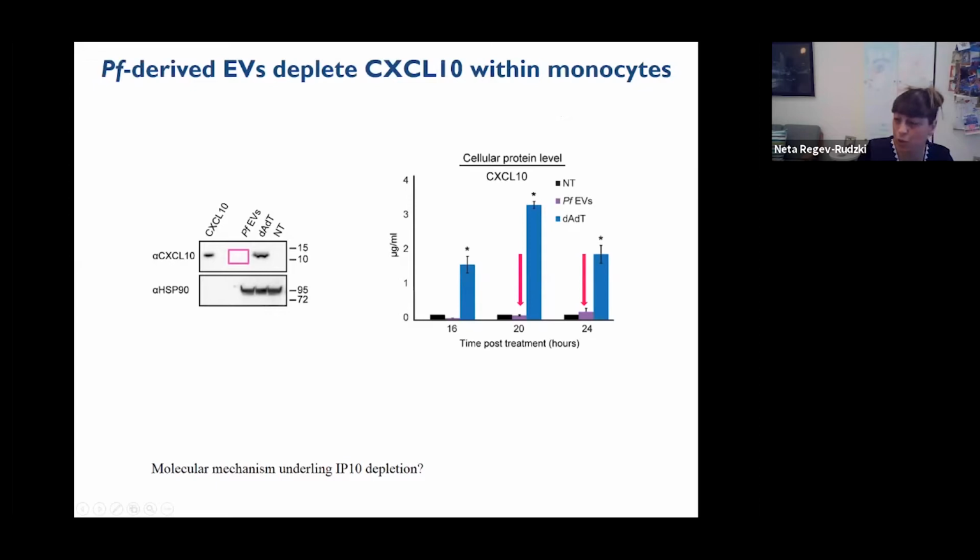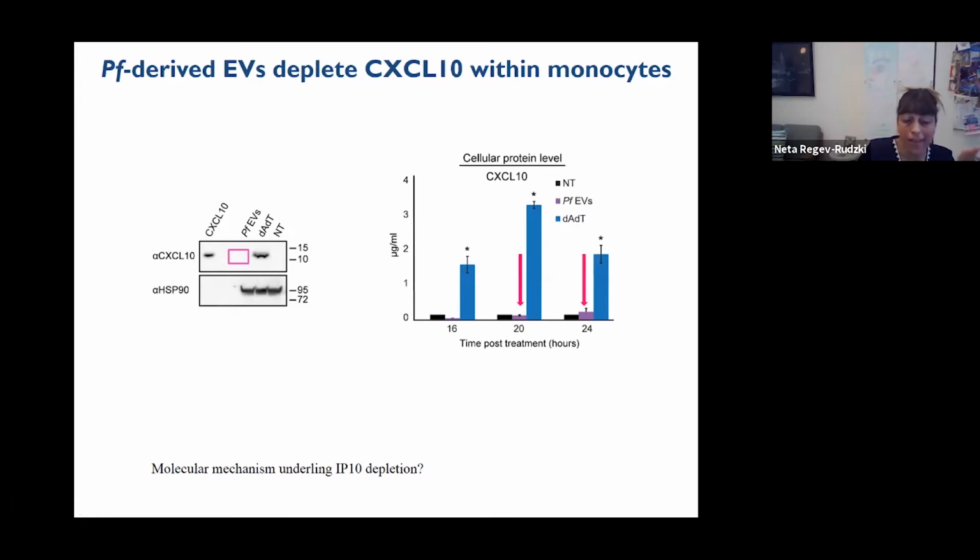So no expression of IP10 at all, as you can see here by Western blot or by ELISA assay. And from that moment, we started to systematically investigate the molecular mechanism underlying IP10 depletion.